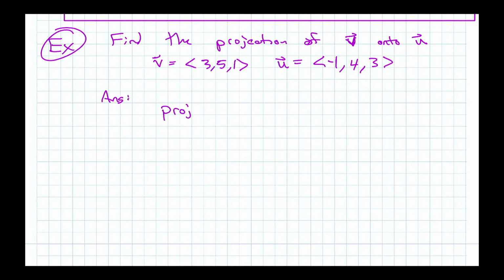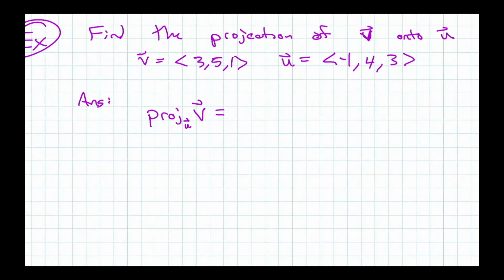The projection onto u of v. It's really easy to get that backwards. So make sure you try hard to remember this, or more likely just write it down, right? So remember how it goes. If you're projecting v onto u, everything is a u except for one single v, right?